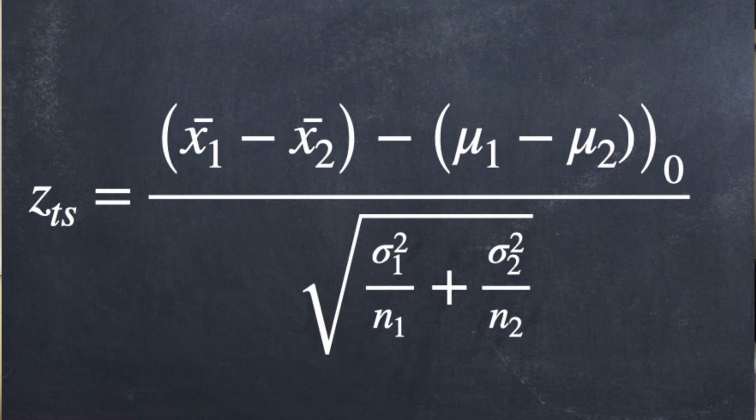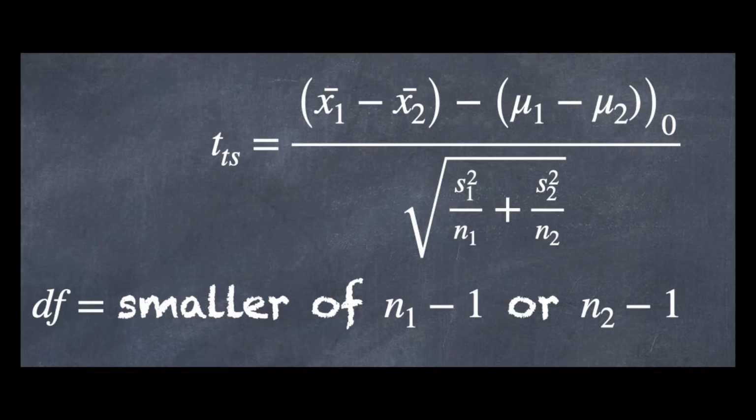And recall that the standard deviation of that random variable x bar 1 minus x bar 2 is the thing in the denominator. But wait a minute, we don't know sigma 1, nor do we know sigma 2. So again, we run to our good old friend, the t test statistic. We substitute S1 and S2 for sigma 1 and sigma 2, just like we've been doing.